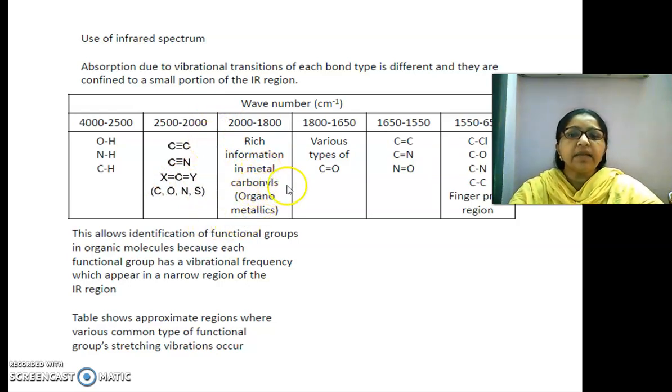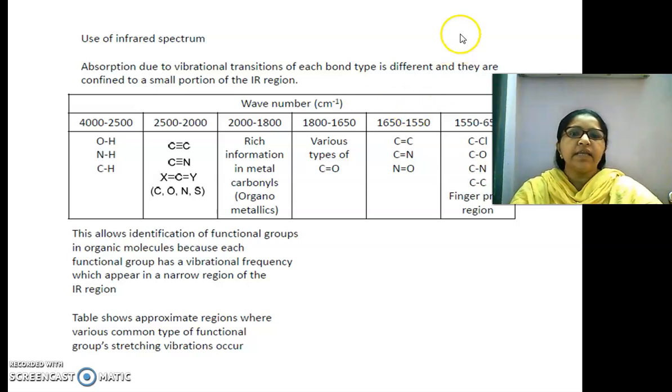Then metal carbonyls; you have read organometallics. These also give a vibrational frequency in the region 2000 to 1800. So whenever we see a peak in the graph between 2000 and 1800, we are definitely sure that it is an organometallic complex.